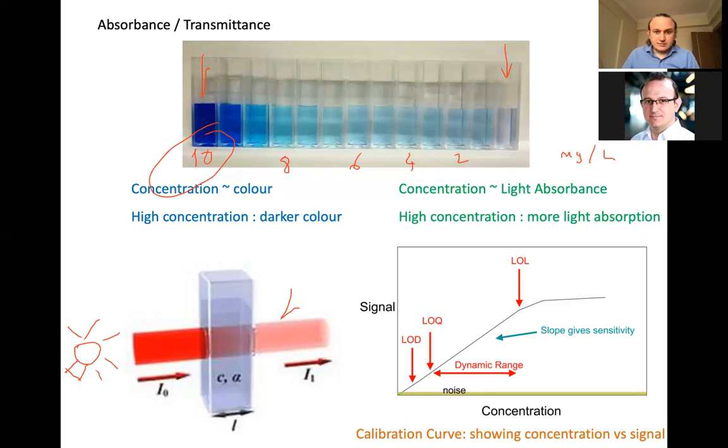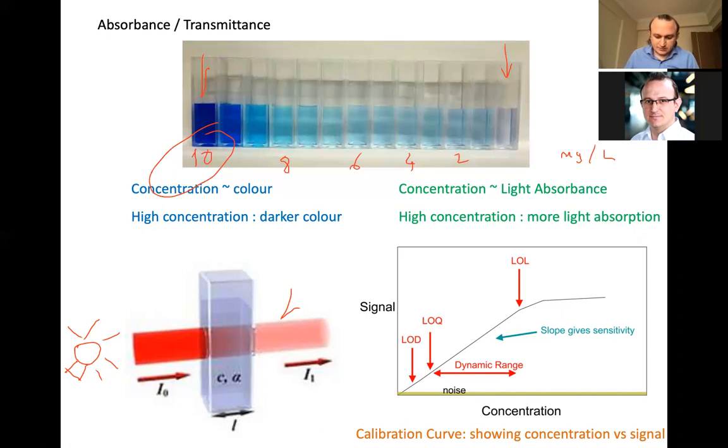And if we prepare these samples with known concentrations, starting from 2 milligram per liter, going up to 10 milligram per liter, we just made the numbers and units. And if we just measure the absorbed portion of the light, the absorbance, in other words, we can just plot the calibration curve. Calibration curve was giving us the relationship between the concentration versus the signal.